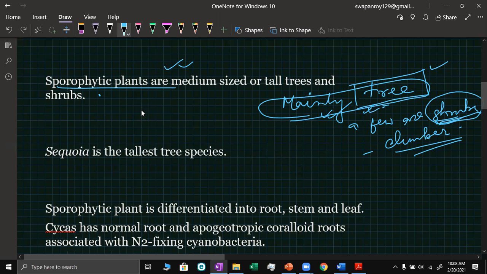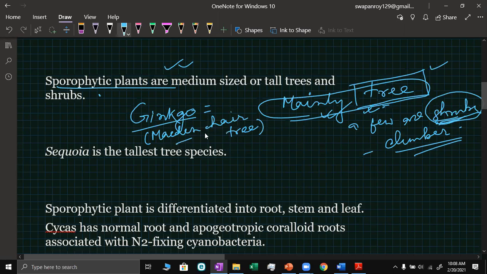One plant which is known as Ginkgo, this is also known as the maidenhair tree. This one is deciduous. Otherwise, the rest are evergreen.